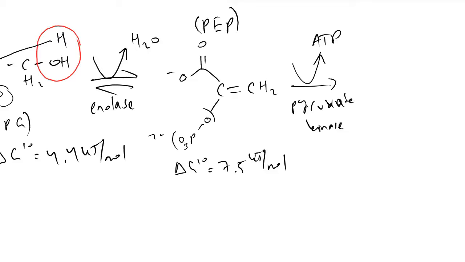And as what happened in step 6 of glycolysis, ADP will come in and do a nucleophilic attack on this phosphorus here, and we will be left with ATP as well as a more stable pyruvate molecule.